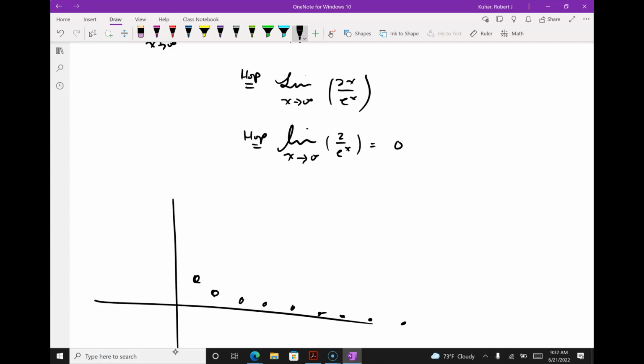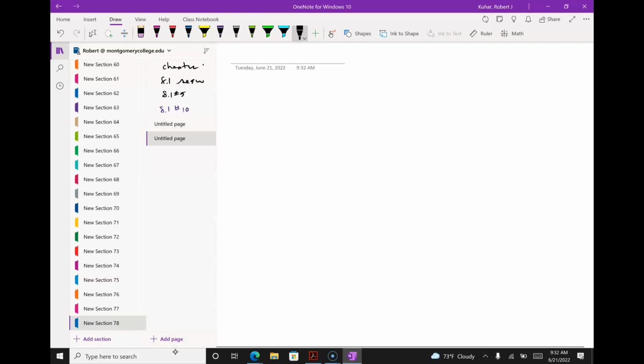So one of the things I can figure out if a sequence is converging or not is if it's always decreasing, that's a good sign, right? But it has to decrease and level out. So I need it to be decreasing and bounded below, or increasing and bounded above, right? That's my next theorem.